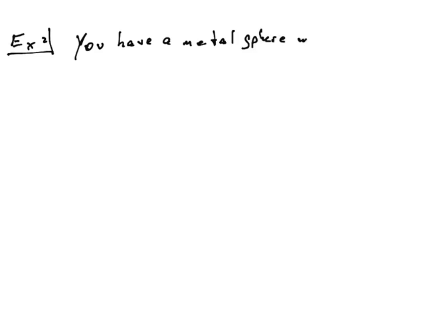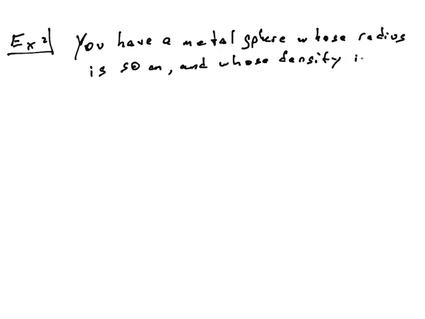All right, let's do a different example. All right, let's say you have a metal sphere whose radius is 50 centimeters and whose density is, let's say, 5,500 kilograms per cubic meter.